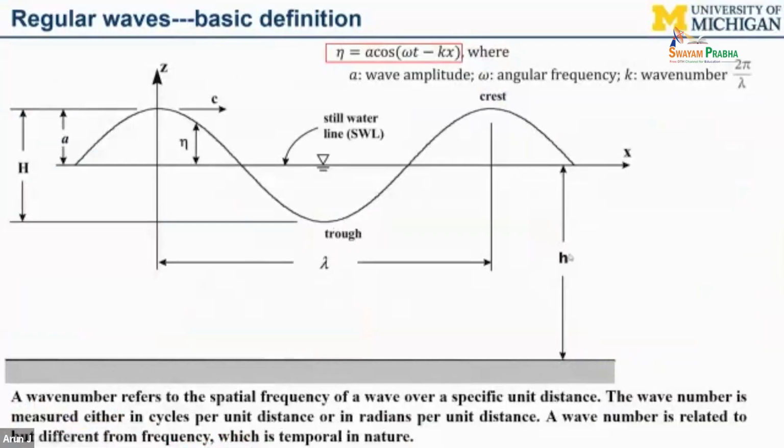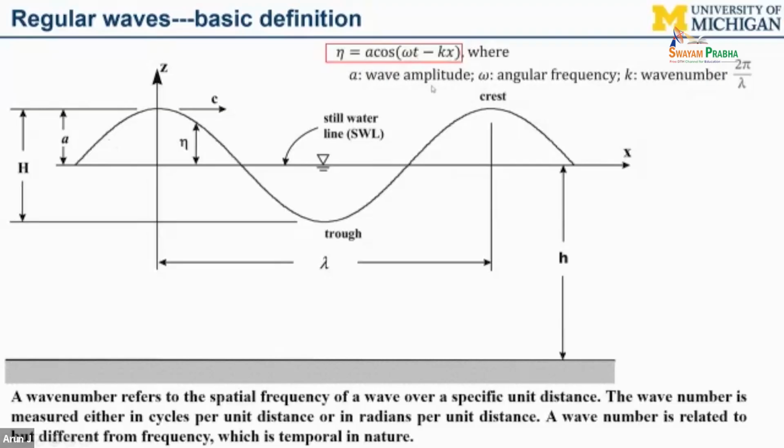Here are the wave amplitude, water depth, and wave height, and this is the still water line. We assume that on the water surface there is such a function. The wave function is A cosine of (omega t minus kx).